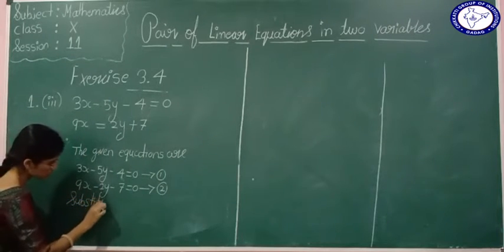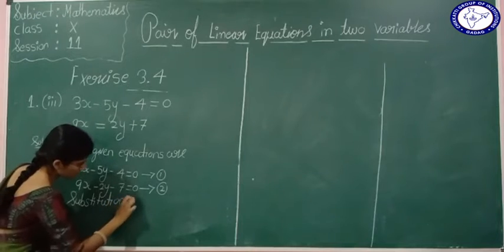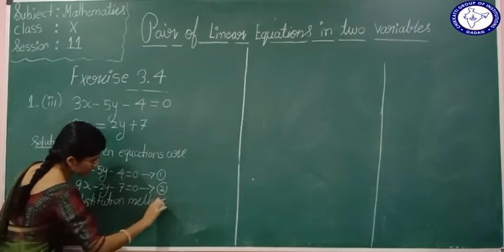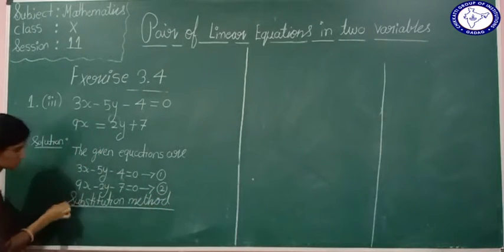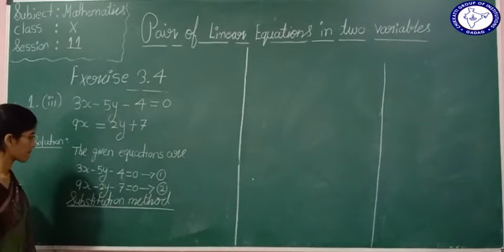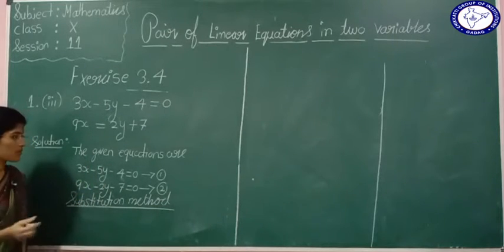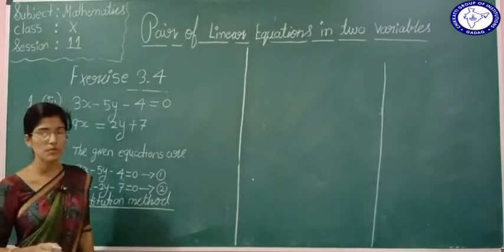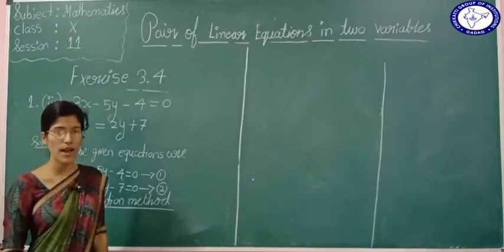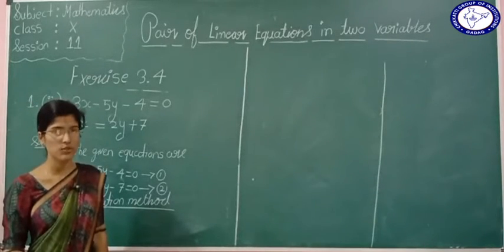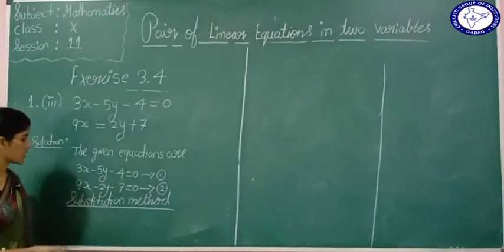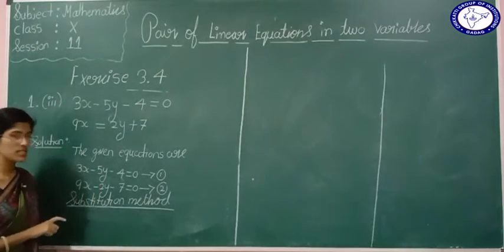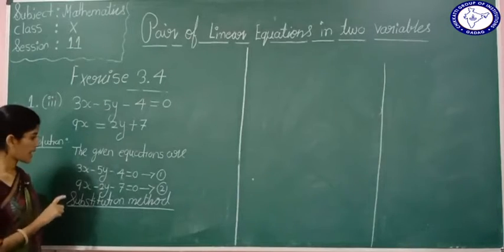Substitution method. What is the first step of substitution method? Express x in terms of y or y in terms of x. It's left to you, but I will express x in terms of y.